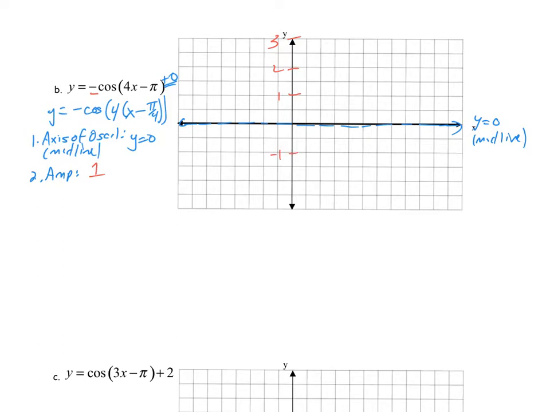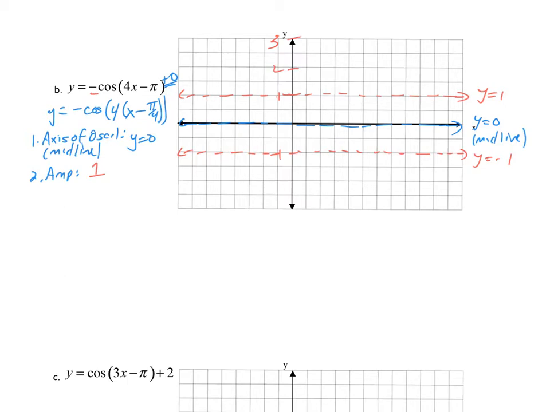I'm going to do 2 squares is 1 unit. So my maximum points will be at y equals 1, and for the minimum, I'll go down 1, which is the amplitude from the midline, to y equals negative 1. And now we have created a nice envelope inside which the cosine function will bounce up and down.